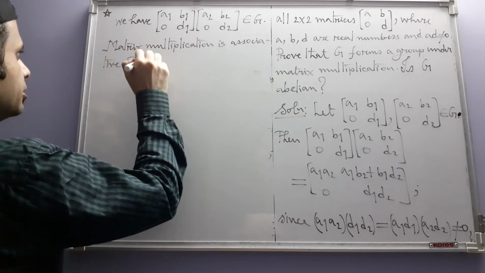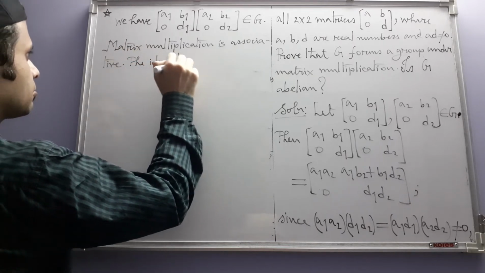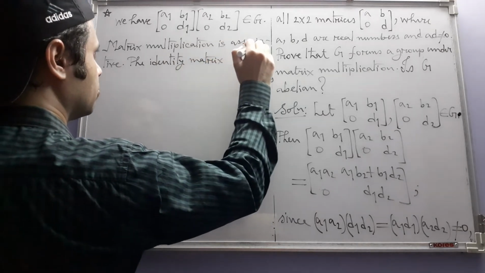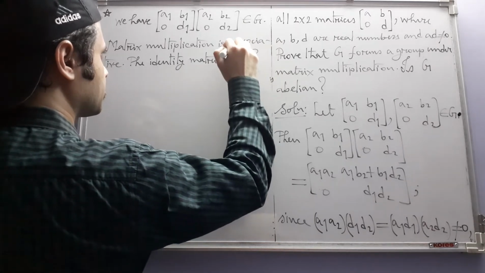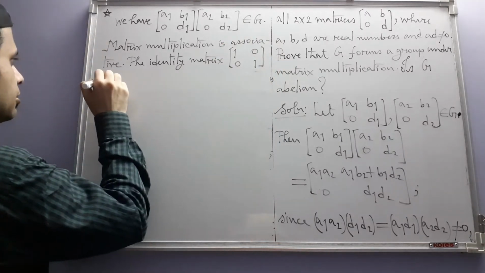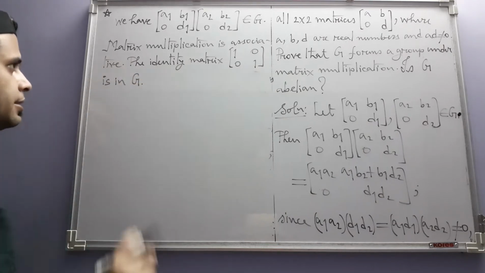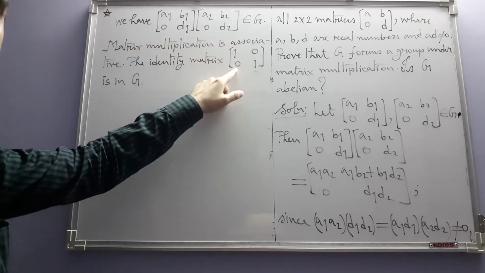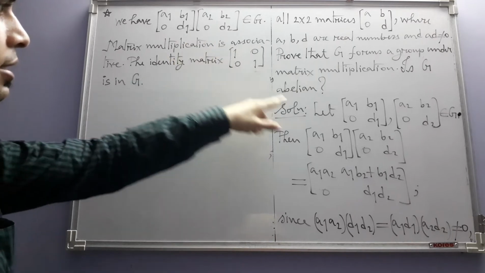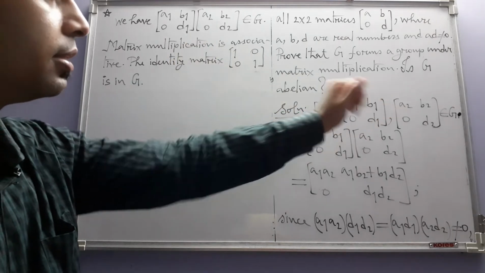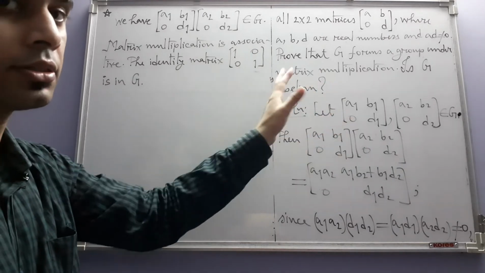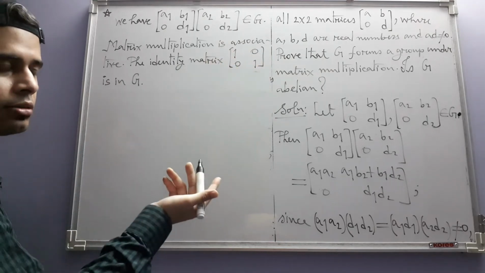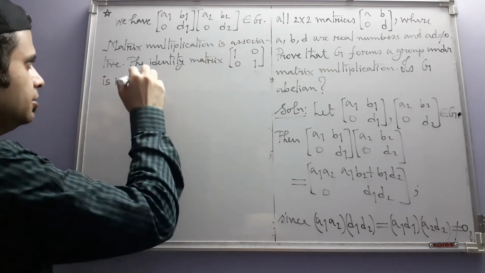The identity matrix (1 0 0 1) is in G. Why is it in G? Because first of all, it has the required form. The second row first column element is 0 here also, just like any general element in this set. It's still not a group, we have to see that. And further, the determinant is 1, which is non-zero, so it is in G.